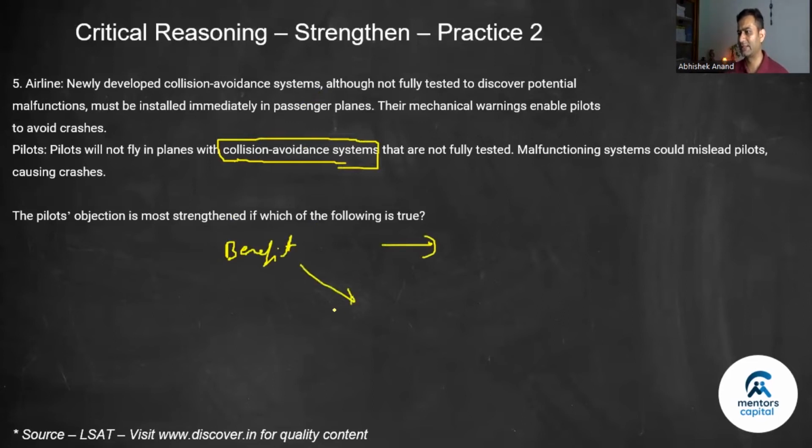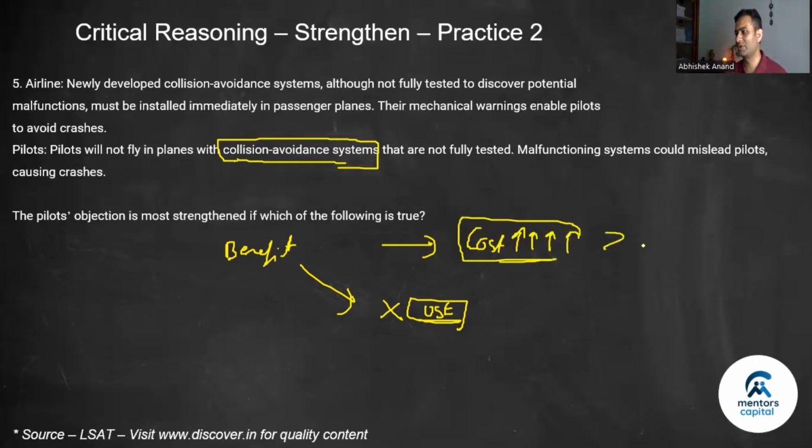Despite this, pilots are saying we will not use it. In such a case, you don't have to pre-think, but it's a fair enough structure. So the benefit is there, but maybe the costs are too high. If cost is more than benefit, then this would make sense.